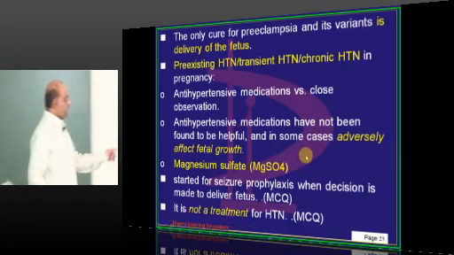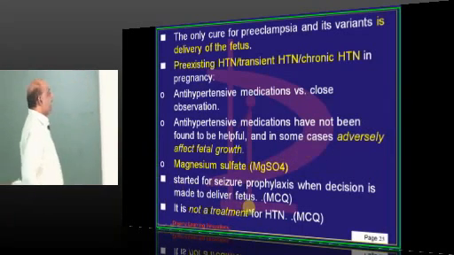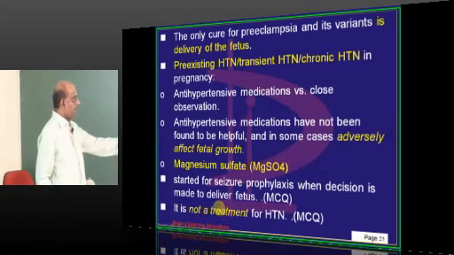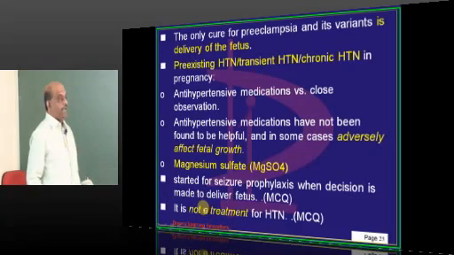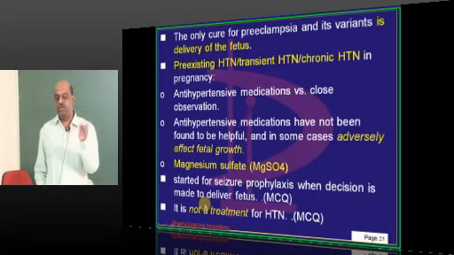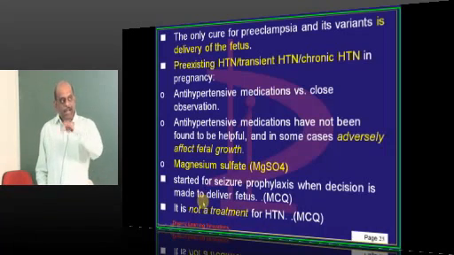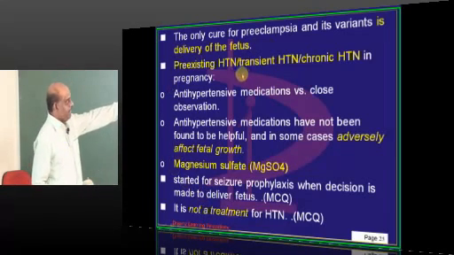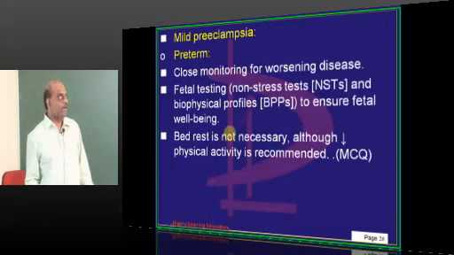Magnesium sulfate has got a very important role as a seizure prophylactic agent. Remember, magnesium sulfate has no role in hypertension management, only for seizures. Treatment of already started seizures or prevention of the development of the seizures prophylactically in a case of pre-existing hypertensive, it has got a role.